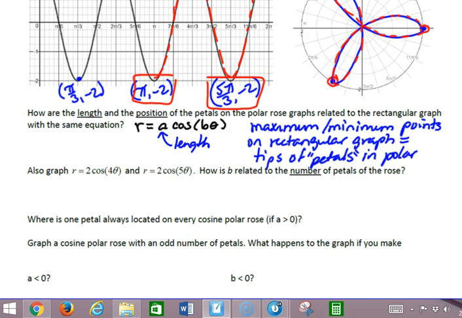Petals here, petals in polar form. And this a corresponds to the amplitude in rectangular form. So the length of the petal is the amplitude.